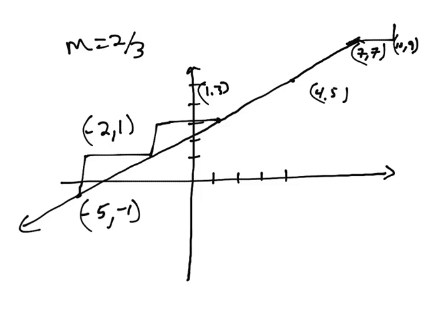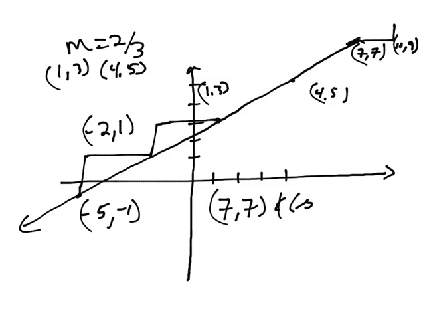And notice what happens. We had the original 2 points when we did the slope of (1, 3) and (4, 5). Well, what happens if you take other points on this line? Let's take (7, 7) and (-5, -1) and calculate the slope.